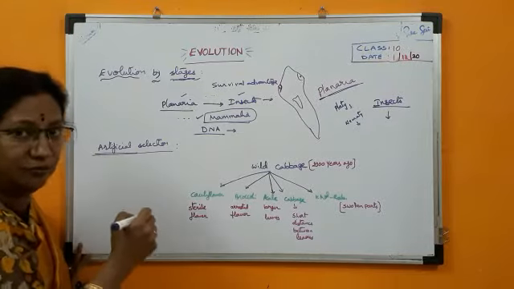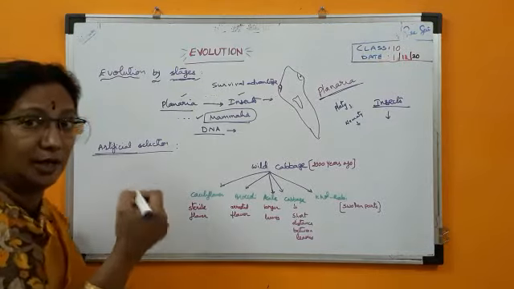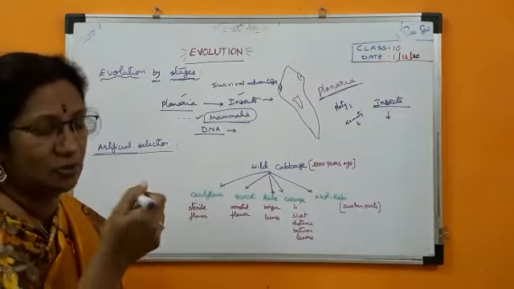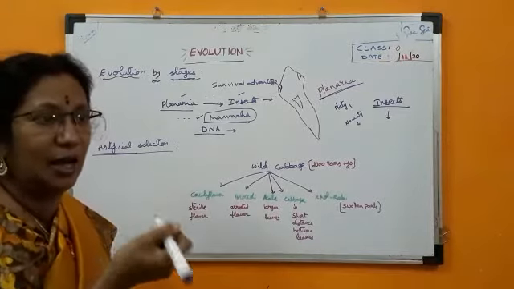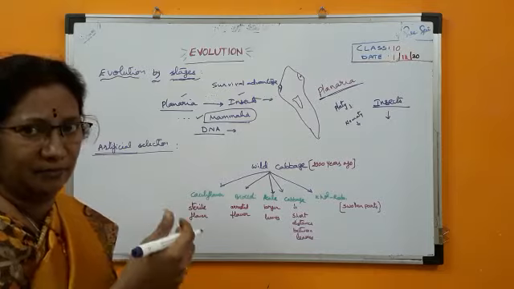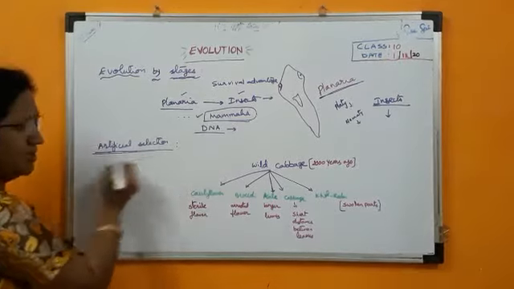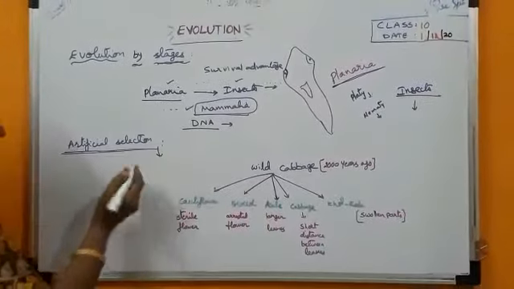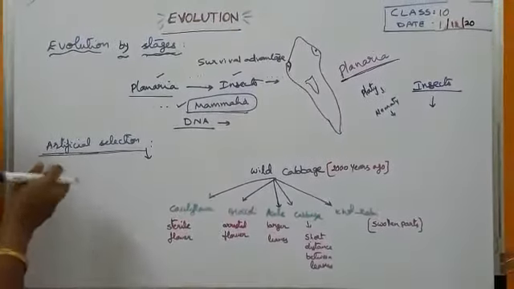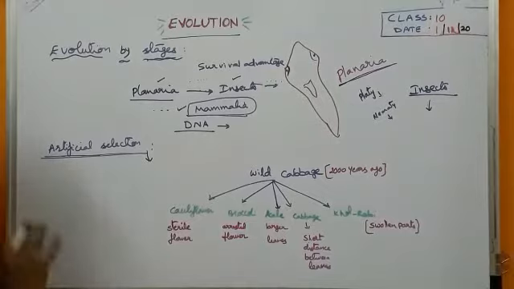What do you mean by artificial selection? The selection done by man for his own benefit, for his greed, to fulfill his betterment and his life necessities, is called artificial selection. So selection by man himself for his benefit is called artificial selection.